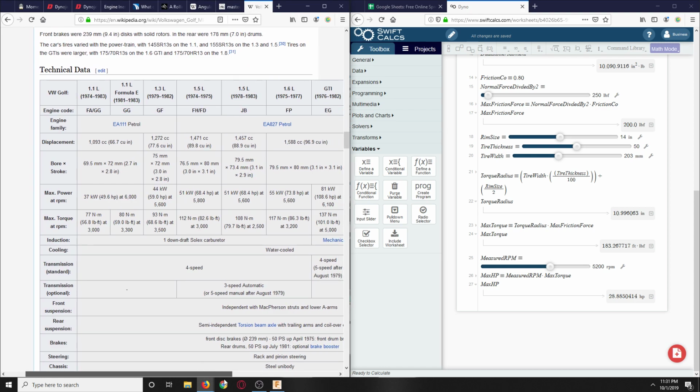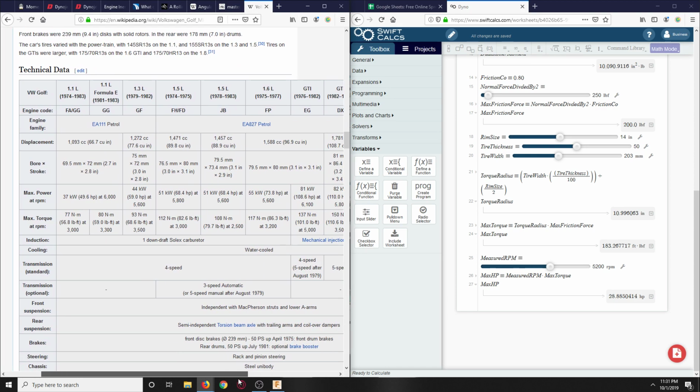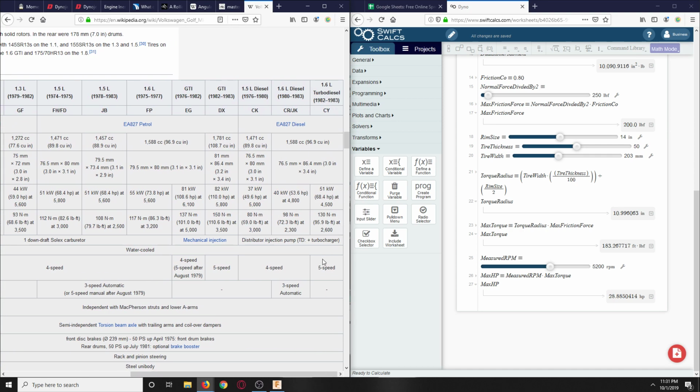Here's the 1.6 liter, or is it diesel? Here it is, 1.6 liter diesel: 72 foot-pounds at 2,300 RPM. Measured RPM. So this would be the horsepower at that RPM. You could say that's the max horsepower you could be pushing at that point.